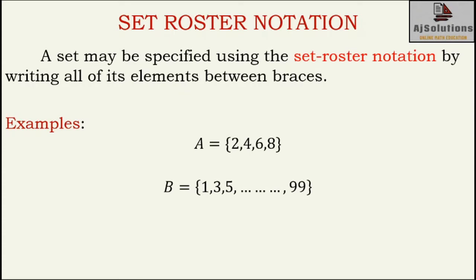You can see I have written just 1, 3, 5. So whoever is reading will understand what will be the next element. And this is a finite set, so there has to be some endpoint. For this one there is an endpoint 99. That means you have to follow the pattern, but you need not go beyond 99.